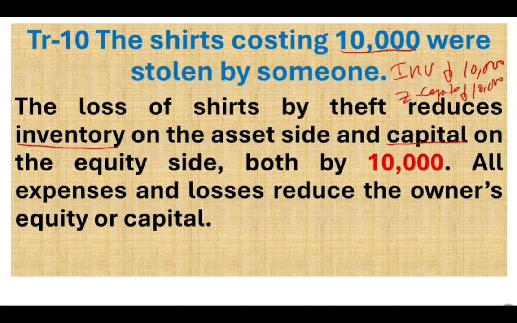The loss of shares by theft reduces inventory on the asset side and capital on the equity side, both by 10,000. So both the capital of the Z company and the inventory on the asset side are decreased by the same amount. All expenses and losses reduce the owner's equity or capital.